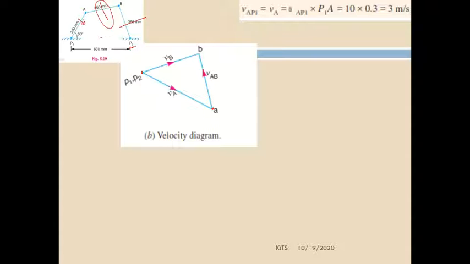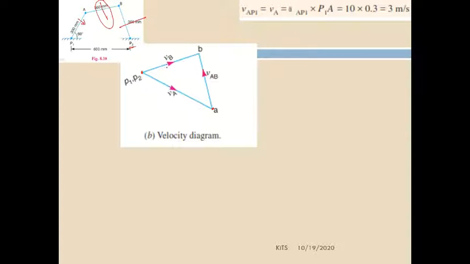Before we proceed to the acceleration diagram, you should know one thing. In the velocity diagram, all the lines are drawn perpendicular. But in the acceleration diagram, you have to draw one parallel line and one perpendicular line for each link.